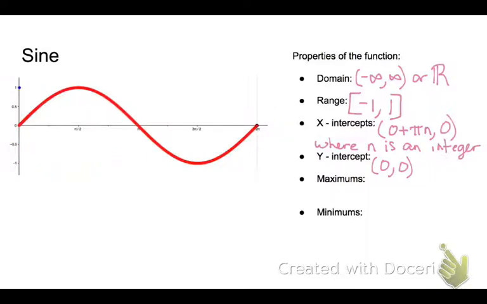You'll see that this sine function also has repeating maximums and minimums, just like the cosine function. If we were to keep going, we would have maximums at pi over 2, and then again 2 pi later.